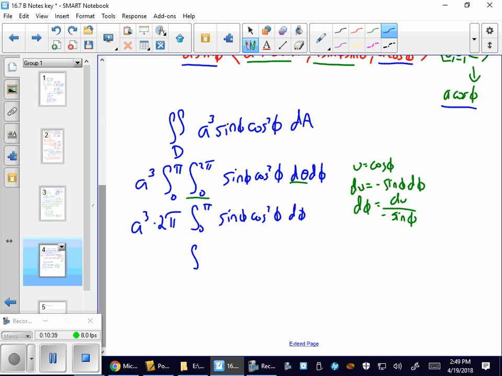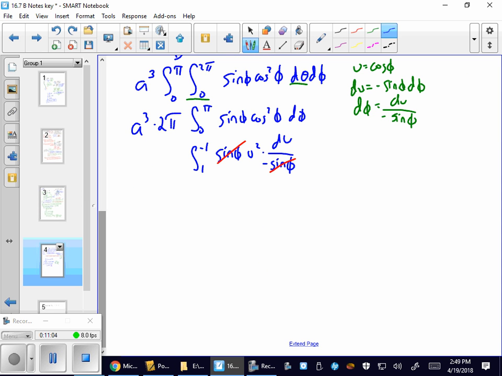This is going to go from, what's that going to be? Cosine of 0 is 1, cosine of pi is negative 1. So we're going to have sine phi u squared times du over negative sine phi. Of course, the sine phi's go away. This negative can change, we'll flip the bounds over, which is good because now they'll be in the right order. So we'll have 2 pi a cubed.